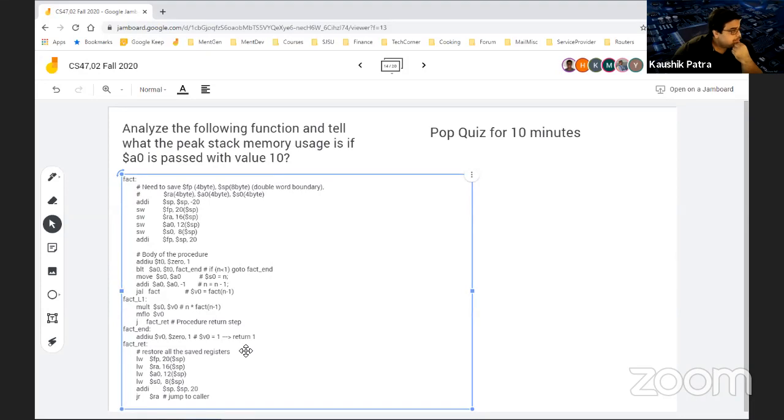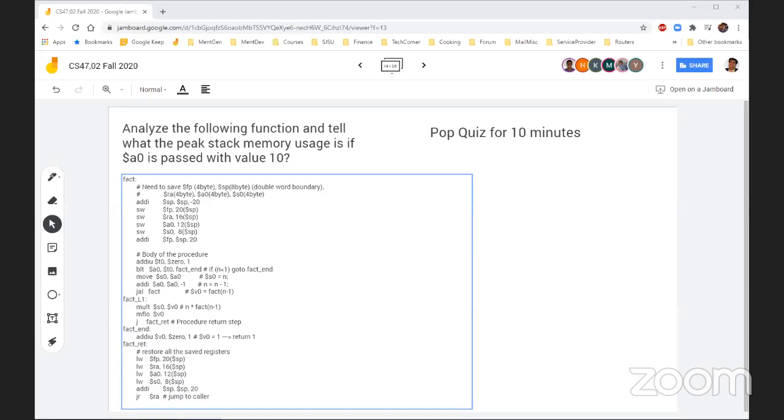This one is definitely a recursive function because I can see there is this JAL calling from your body, right?